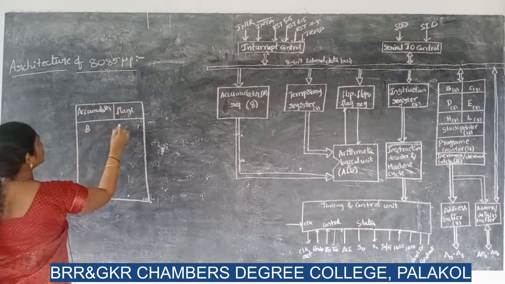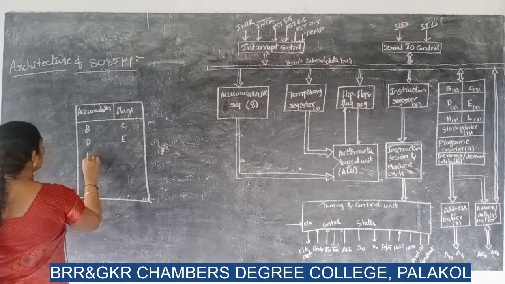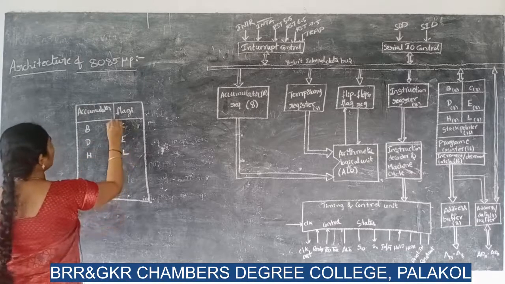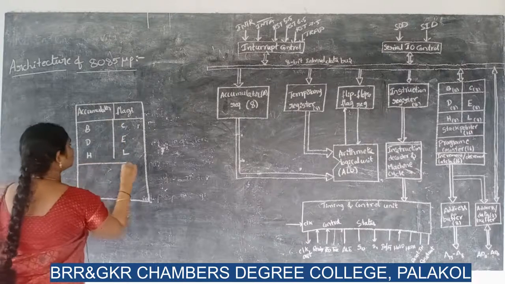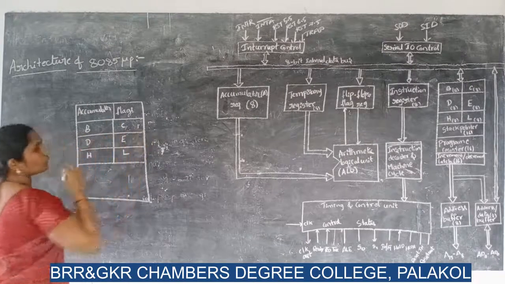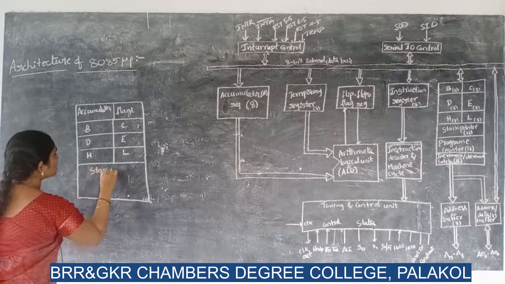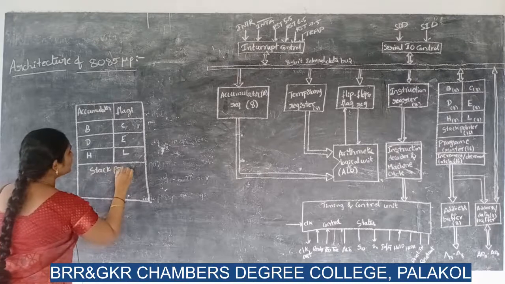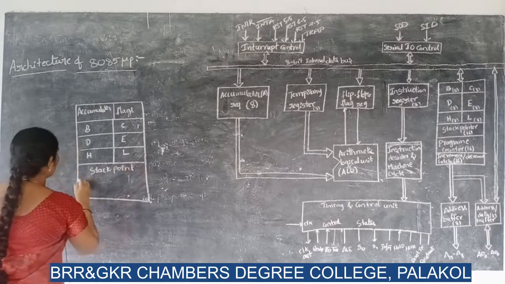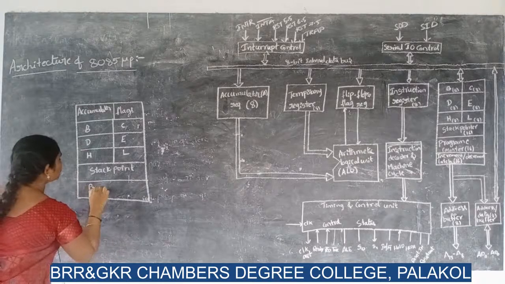After that, B, C, D, E and H, L. These are all registers, and next a stack pointer and program counter.